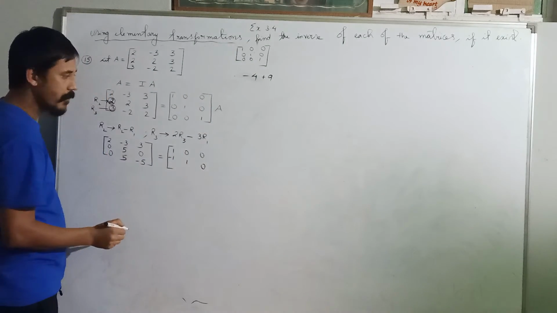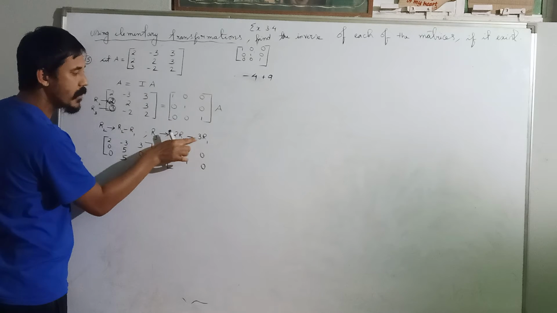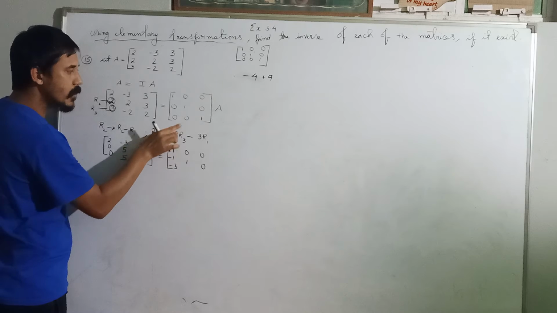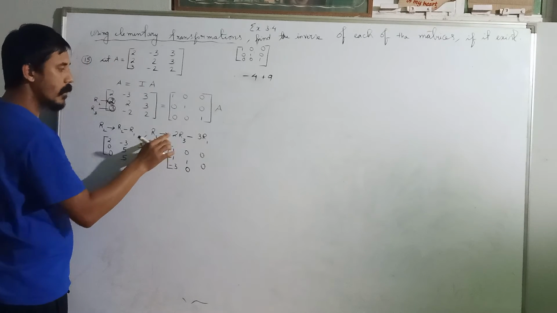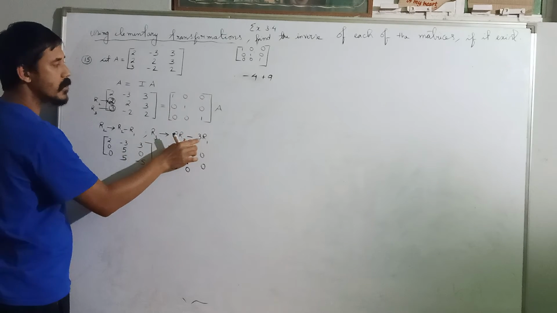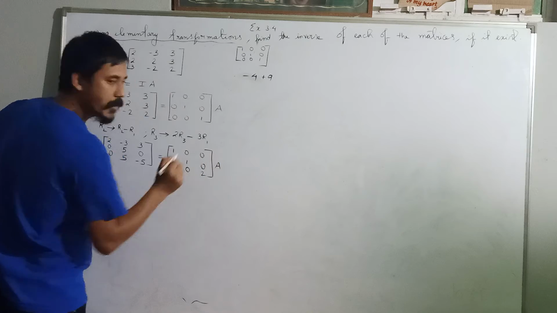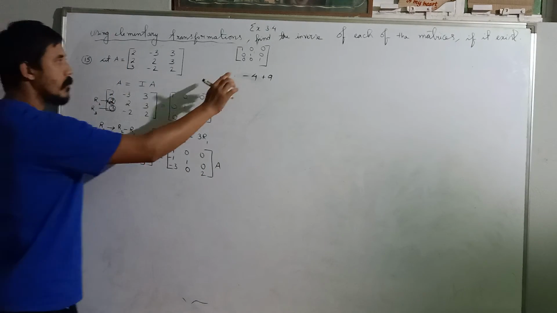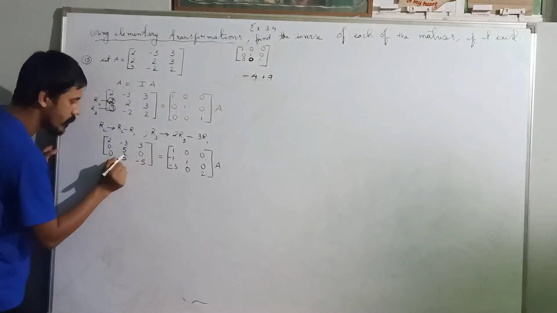This is easy. 2 times of 0, minus 3 times 1, minus 3. 2 times 0, minus 3 times 0, 0. 2 times 1, minus 3 times 0, 2. It's alright, no? Okay.